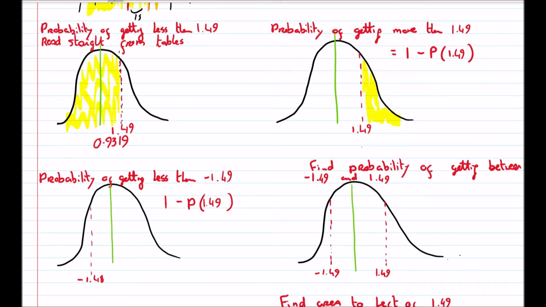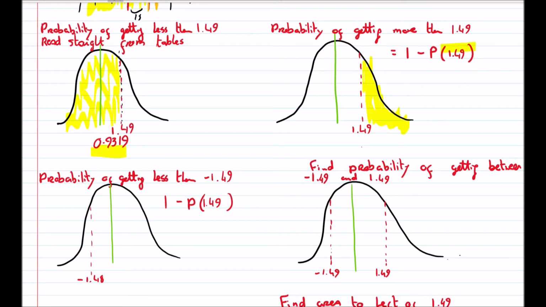But remember, the probability of getting something in the whole curve is 1. So if the probability of getting something behind that score is 0.9319, then if I take this away from 1, I get everything on this side up here.